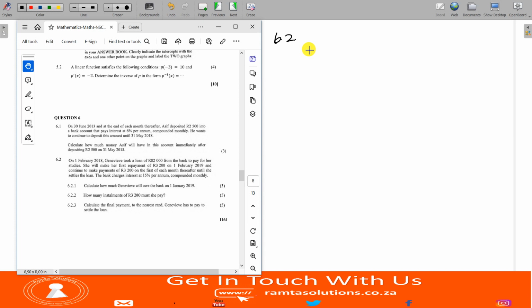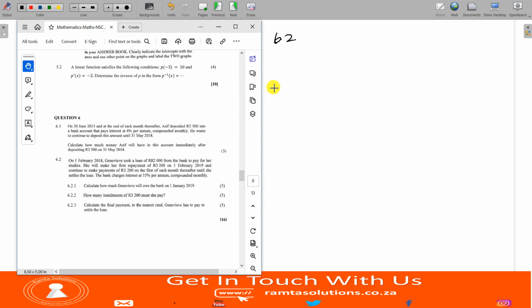She will make her first payment of 3,200 on 1 February 2019 and continue to make payments of 3,200 on the first of each month thereafter until she settles the loan. The bank charges interest at 15% per annum compounded monthly. 6.2.1. Calculate how much Genevieve will owe on 1 January 2019.